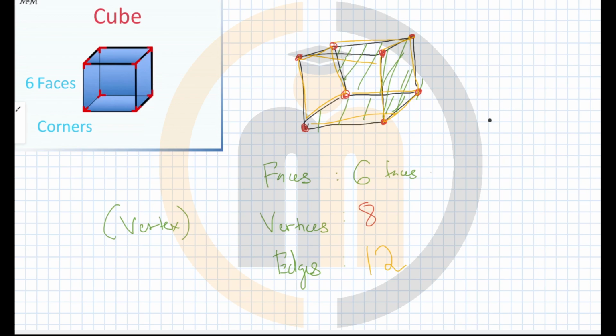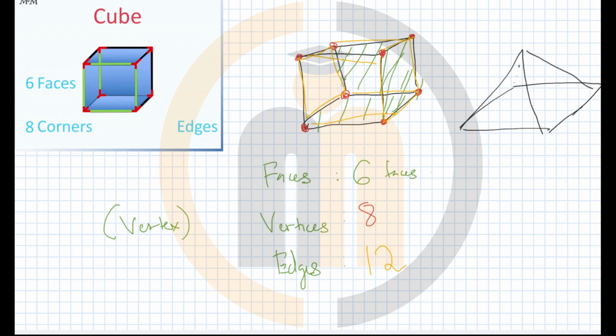A pyramid would have different ones. Let's say, for example, I draw a quick pyramid. In the pyramid, I'm just going to use green again. We have the base, 1, 2, 3, 4, and the back here, 5. We have a total of 5 faces.